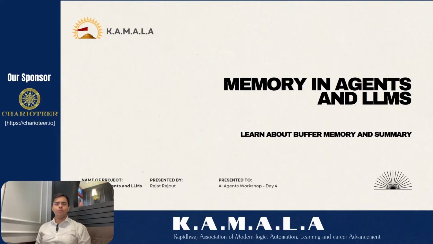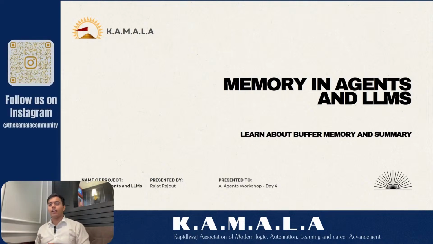Before we actually start with what exactly memory is, let's understand the word itself. Memory basically means, if you are conversing with someone, and let's say I say, hi, my name is Rajat, and the other person says, hi, my name is Prachit, and assume that one of us forgets the other's name in just 5 seconds.